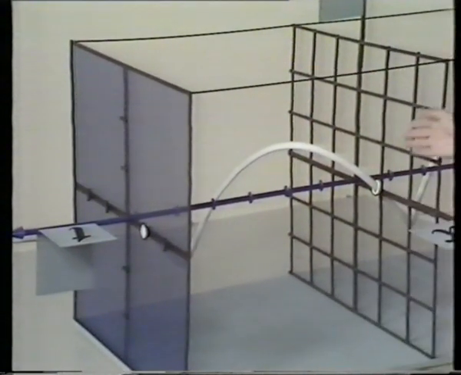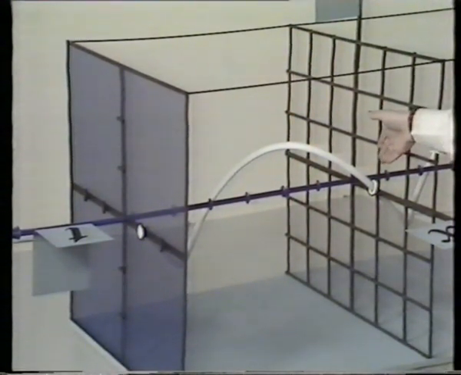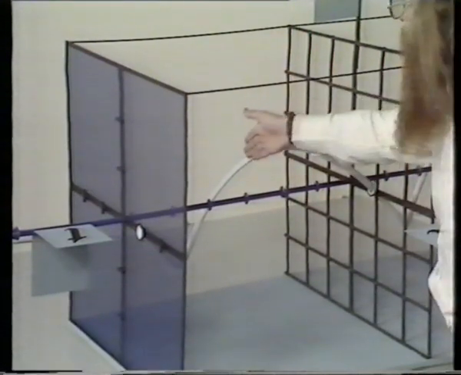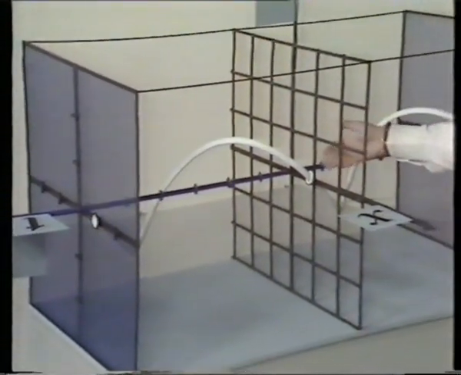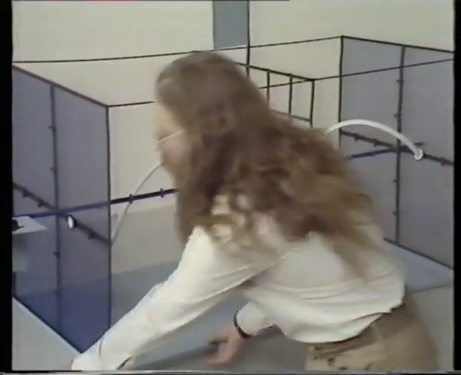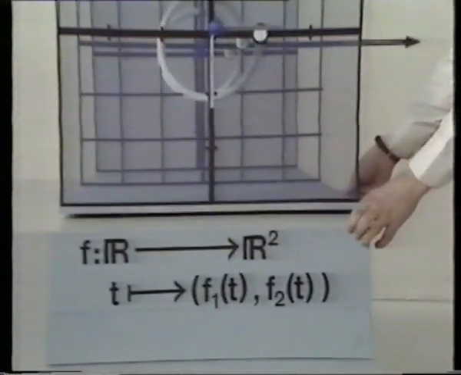Well, here's the xy plane, and here for t equals 0 is the point (1, 0). And as t increases, we come forward in an anti-clockwise manner, and as t decreases, we go backwards in a clockwise manner. Well, what about the coordinate functions? That's these functions f1 and f2.